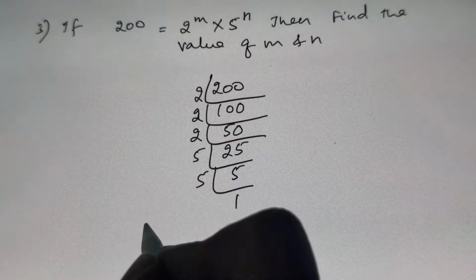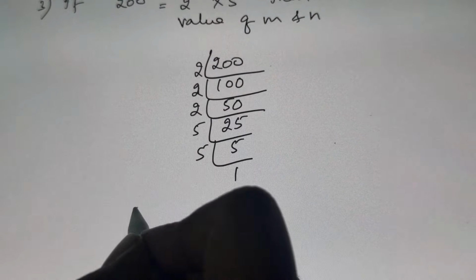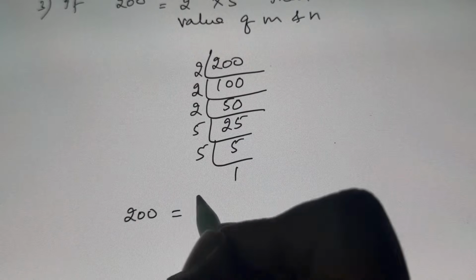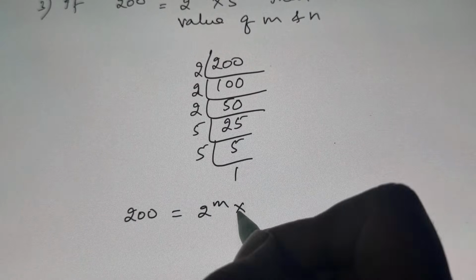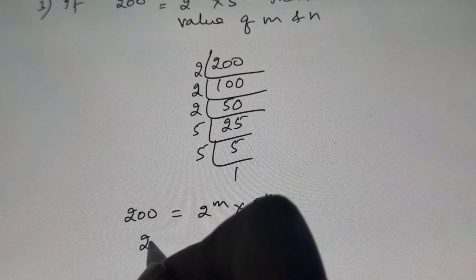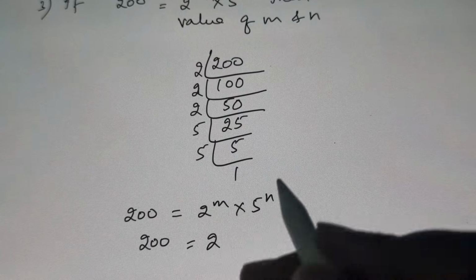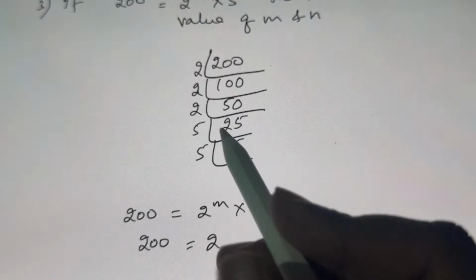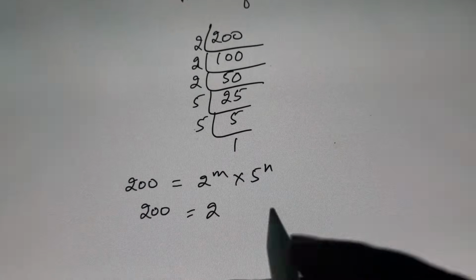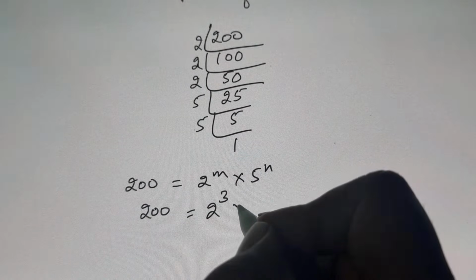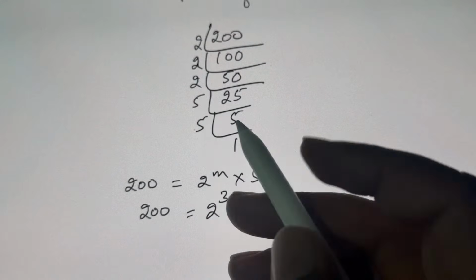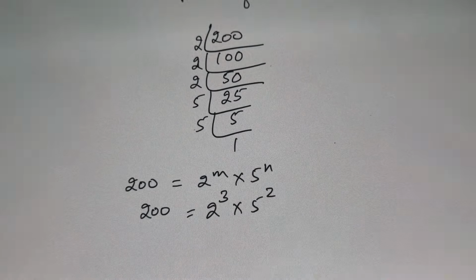So now we can write the given equation. 200 is equal to 2 to the power of m into 5 to the power of n. 200 equals 2 to the power of, how many times have you divided? 1, 2, 3. So 2 to the power of 3 into 5 to the power of, you have divided 2 times, 5 to the power of 2.